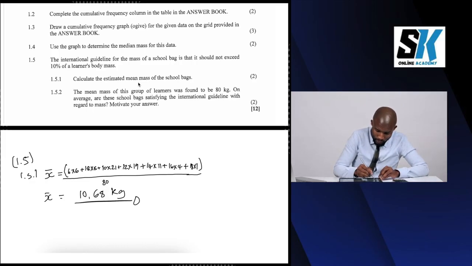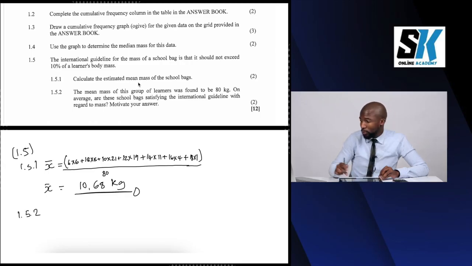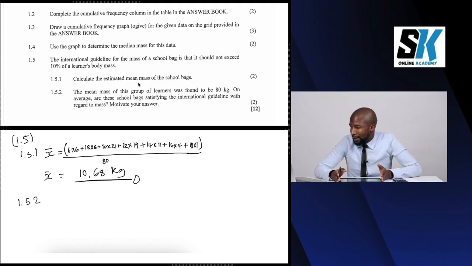And now we look at 1.5.2. It says the mean mass of this group of learners was found to be 80 kgs. On average, are these school bags satisfying the international guideline with regard to mass?